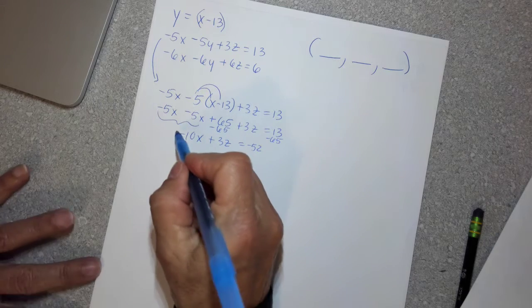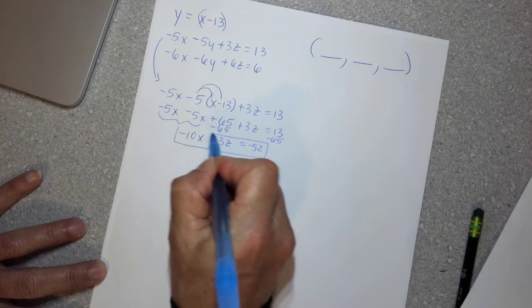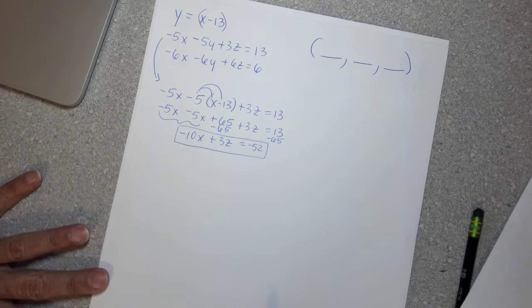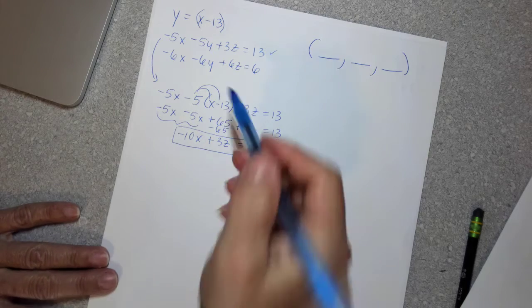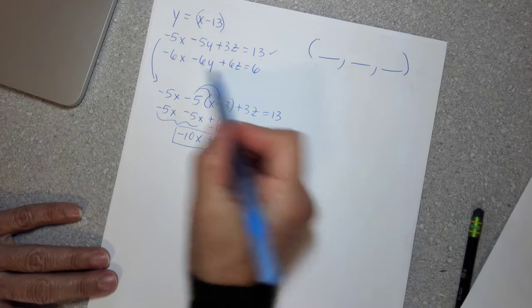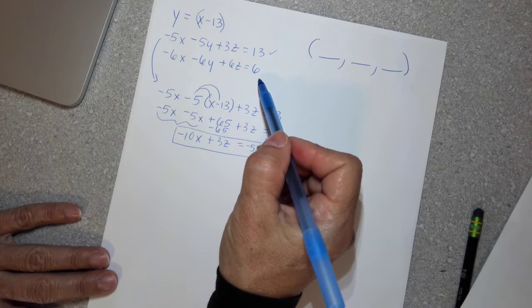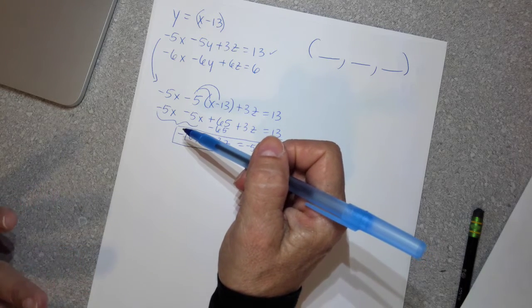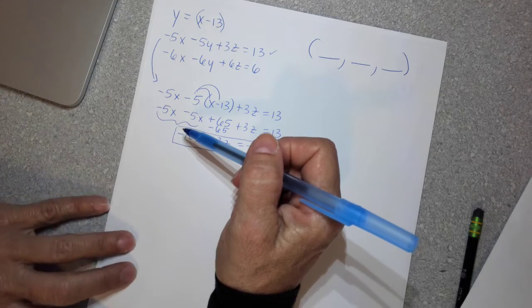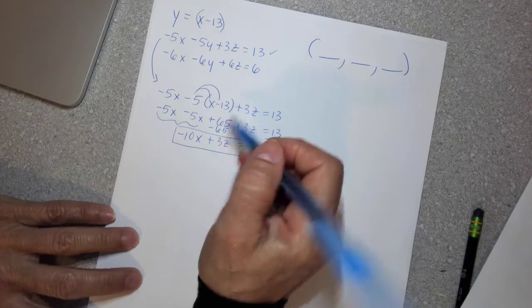So right now I'm stuck, but I have gotten rid of one variable and I just have x's and z's left, and I've used this one. In the last one, the thing that I see is that they all have 6 the whole way through. So I could divide out a 6 of this problem and really not change the problem mathematically because I'm doing the same thing to every part.